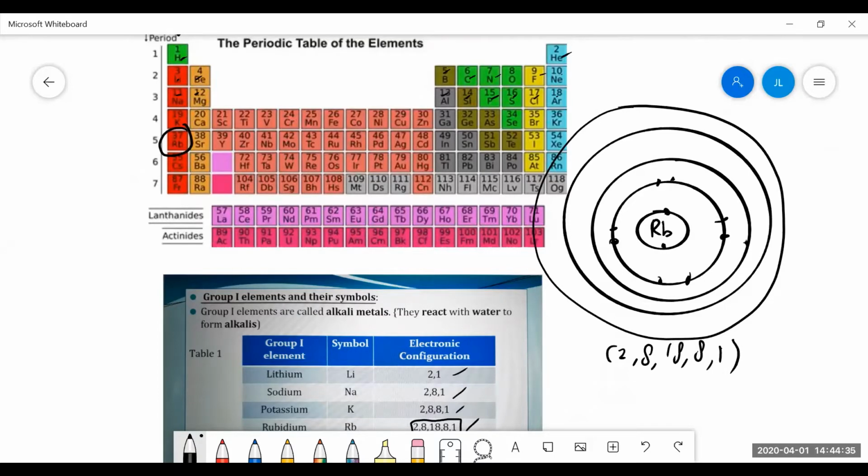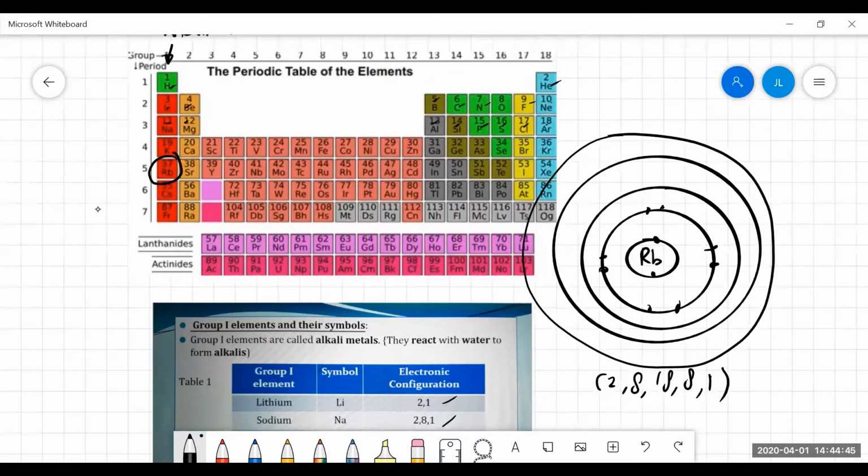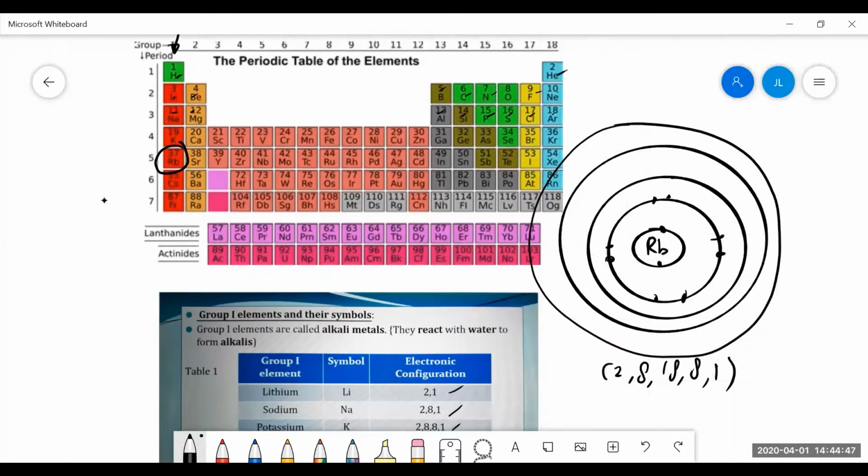From the period we know there are 5 shells. How do we know 18 is the third one? Why not the fourth one?